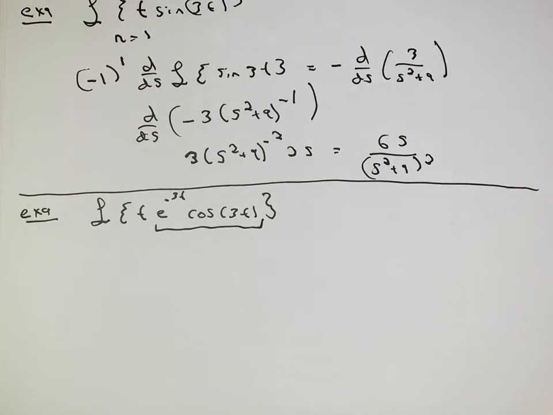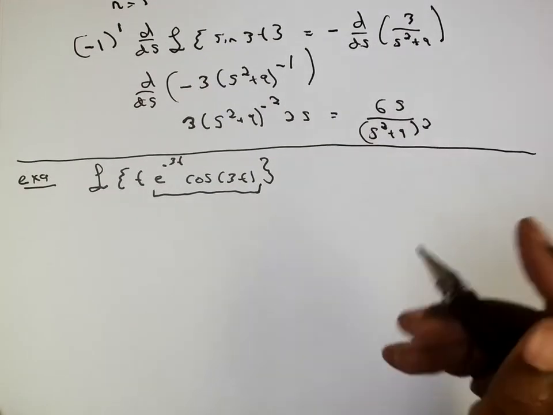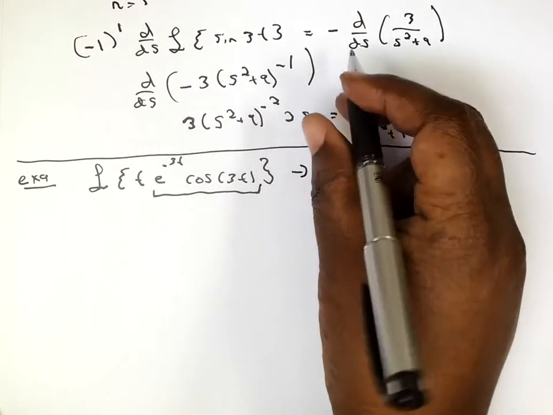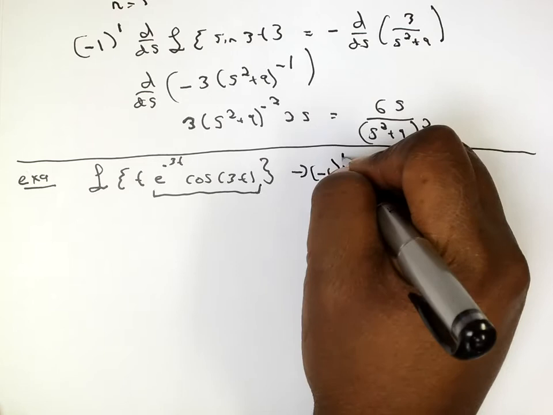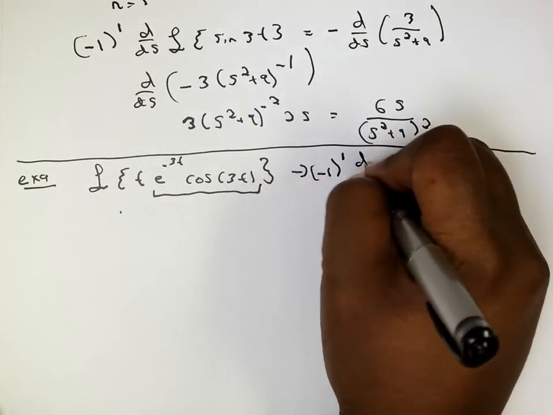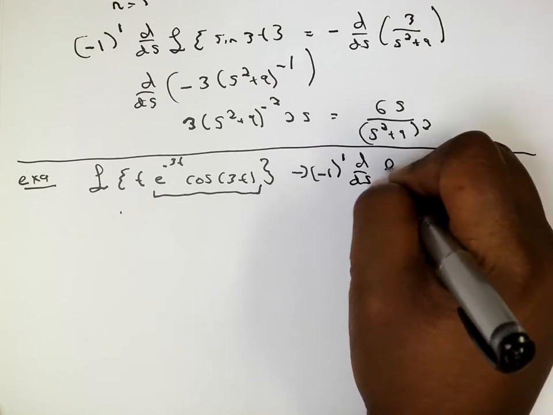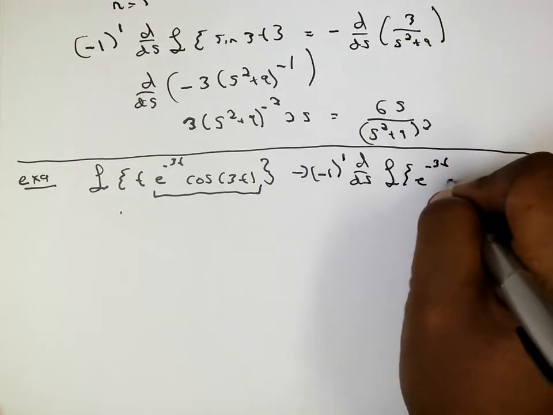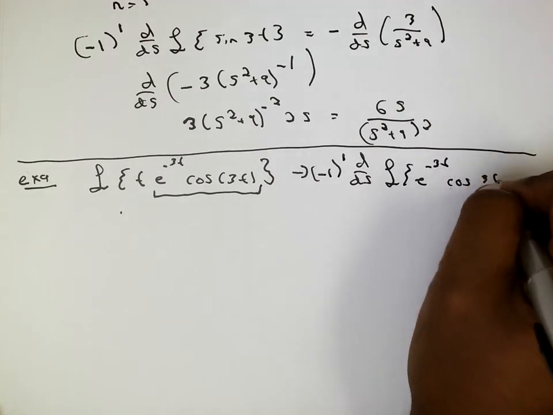So I'm going to have to deal with both of them. So starting off, I have negative 1 to the first power, because n is equal to 1. And then I'm going to have to take the derivative of the Laplace of e to the negative 3t cosine 3t.